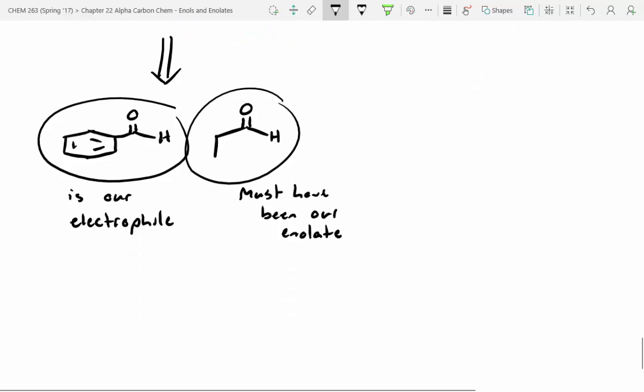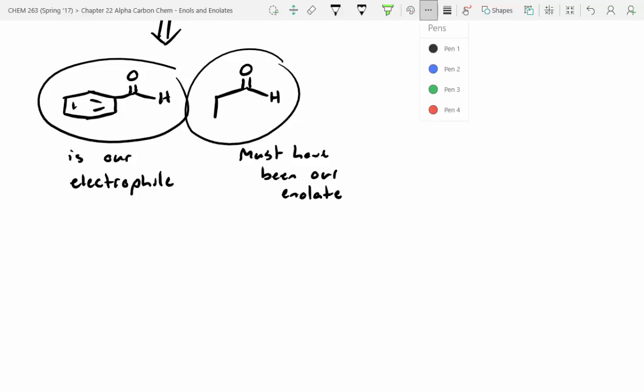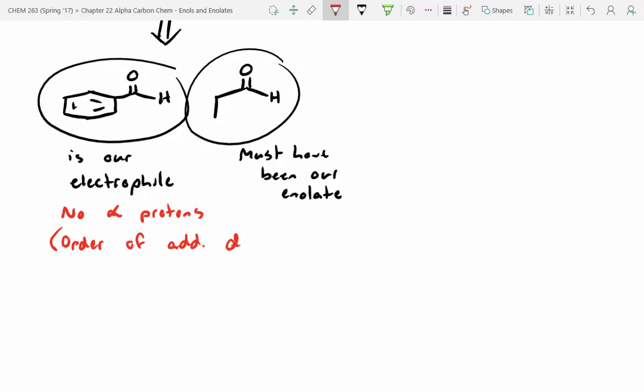So for this one, the big thing is there's no alpha protons. So the order of addition doesn't matter.